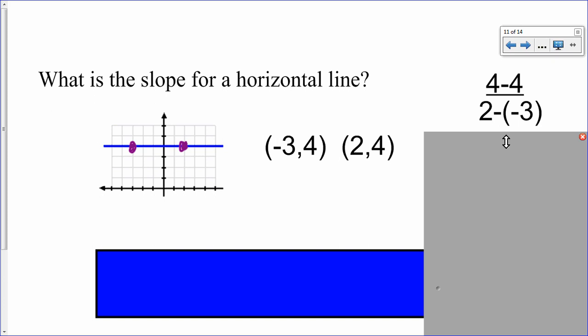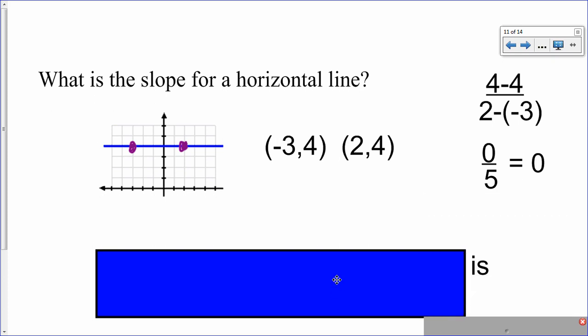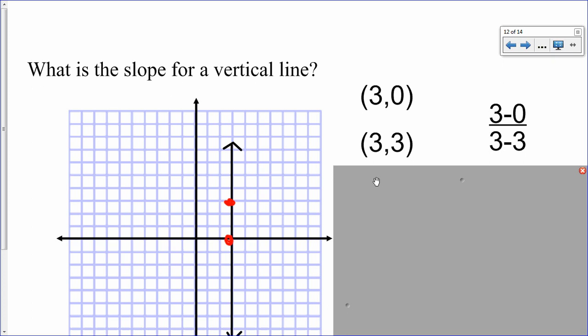So we have 4 minus 4 over 2 minus negative 3. Don't forget your rules of subtracting integers, and we end up with 0 over 5, which is equal to 0. The slope of any horizontal line is always going to be equal to 0.